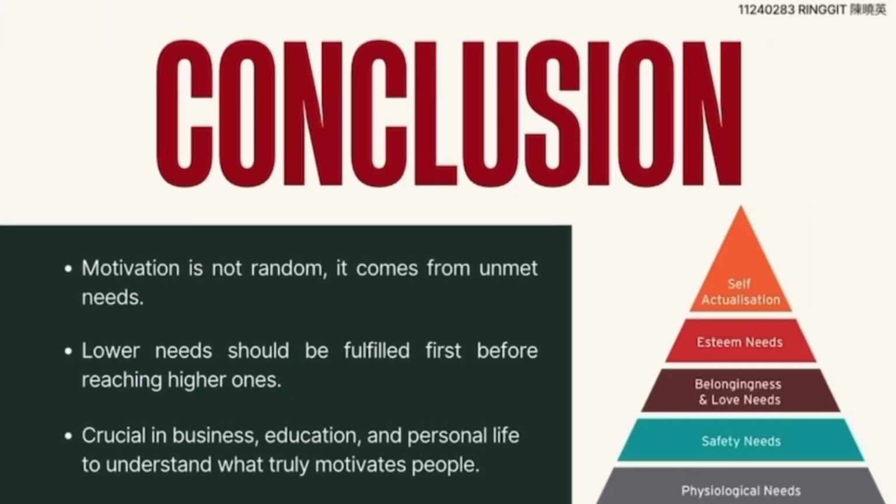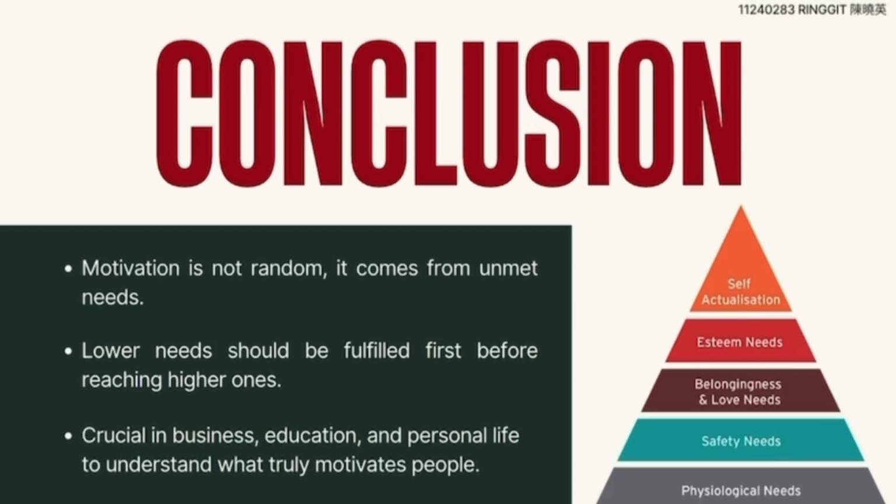So Maslow put self-actualization at the top of the pyramid because it can only be achieved when all the lower needs like physiological, safety, love or belonging, and esteem needs are fulfilled. If someone is hungry, anxious, or feeling isolated, it will be very difficult for them to focus on becoming their best self.